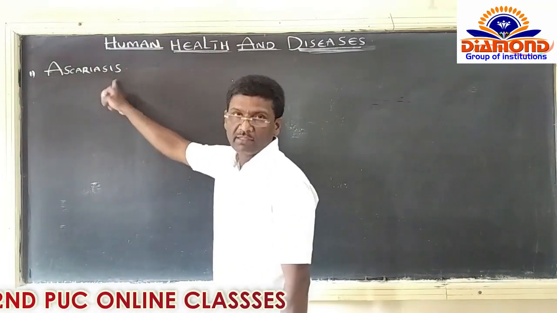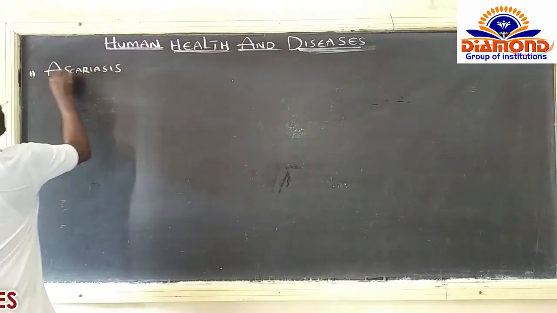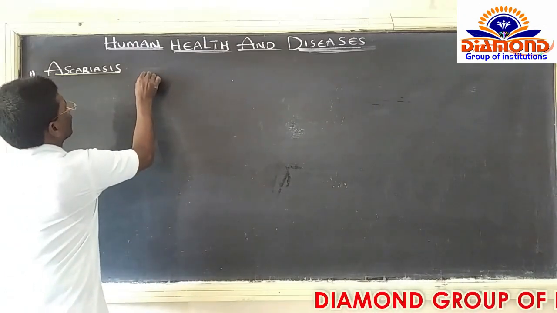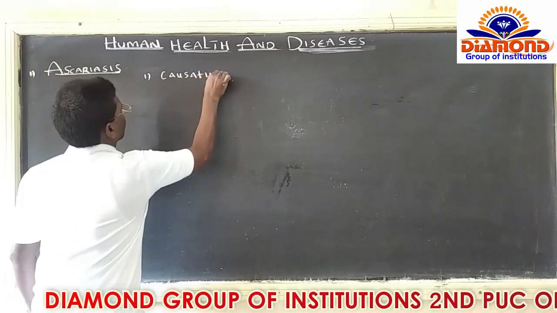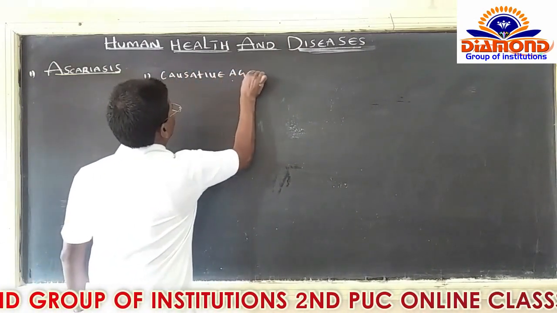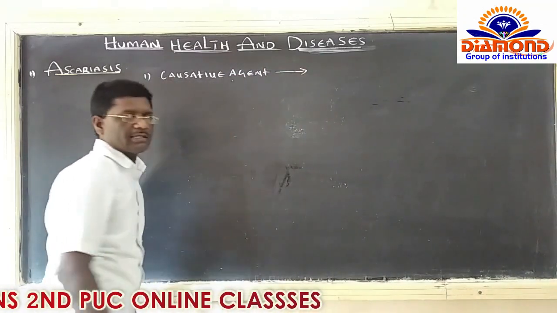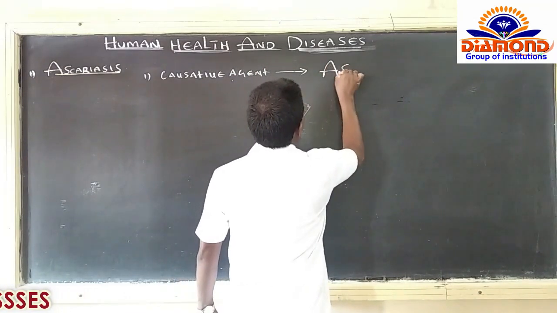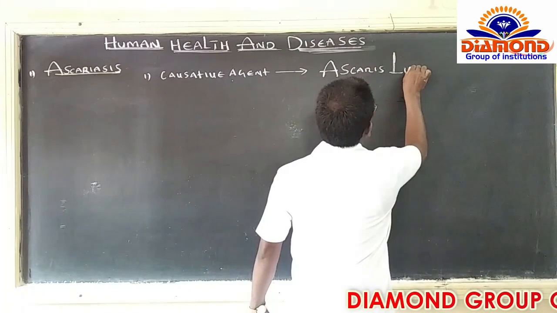Have a look here, ascariasis. I made the title very clear. Now, looking at ascariasis, the first one is the causative agent. The causative agent of ascariasis is Ascaris lumbricoides.